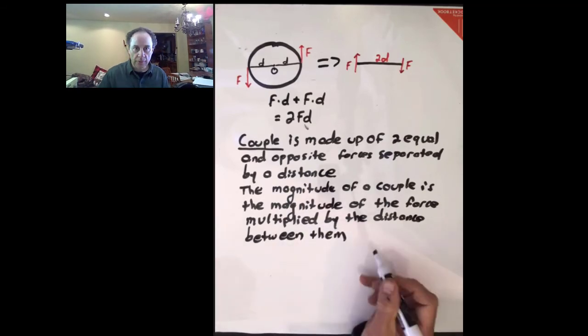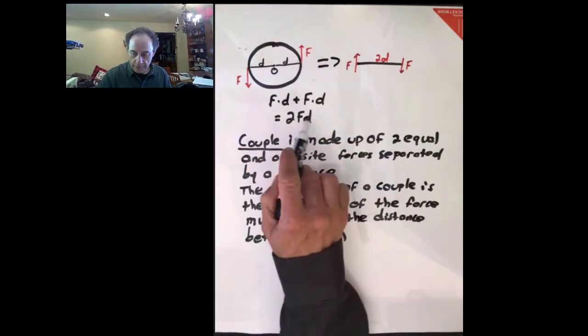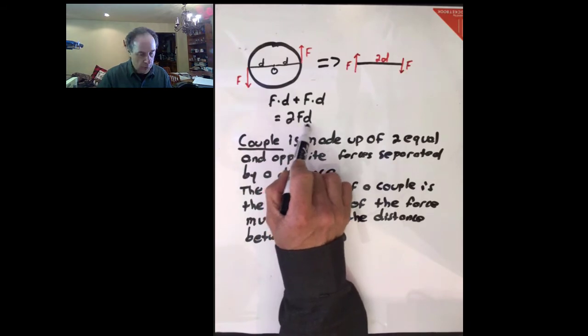So in our case above, force times the distance between them, which is 2d.